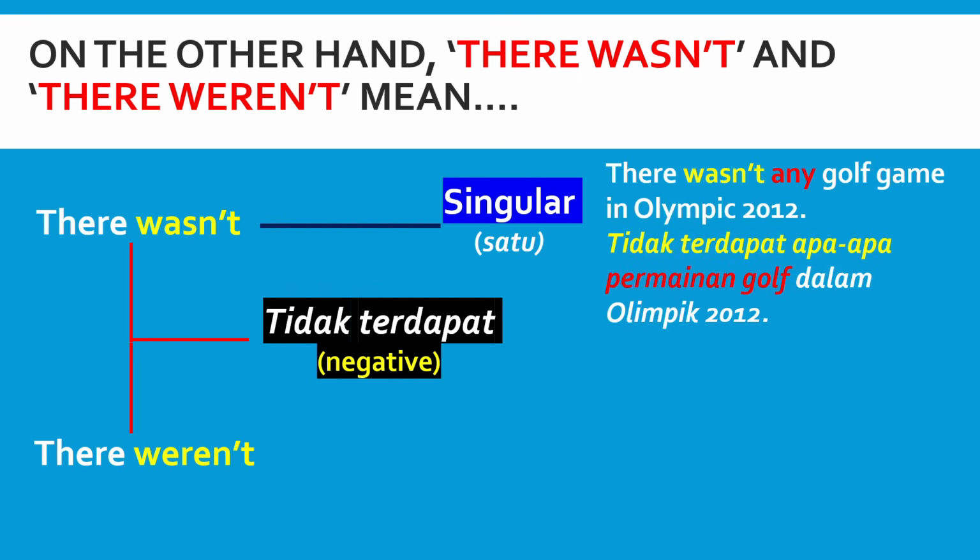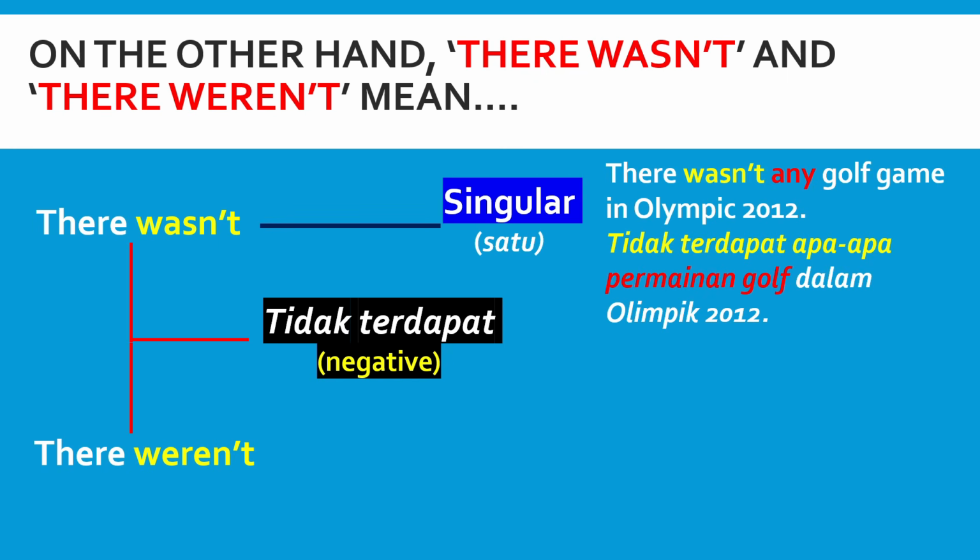Example of sentence: there wasn't any golf game in Olympic 2012. The object here is golf game. As you can see here, there is no s at the back of the word game. So, we can deduce that it is in singular form. Therefore, we should use there wasn't together with any.